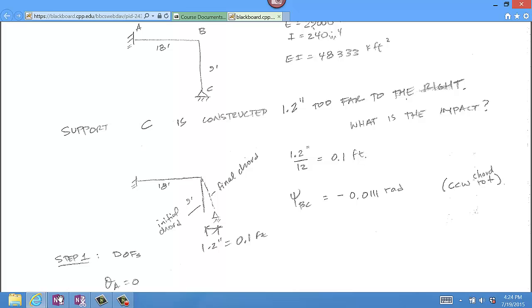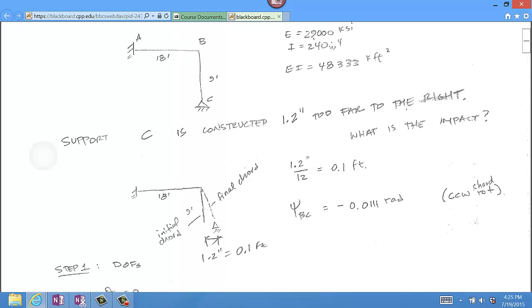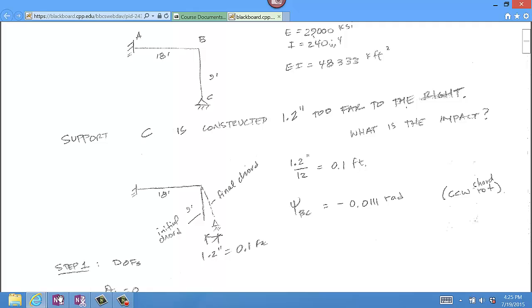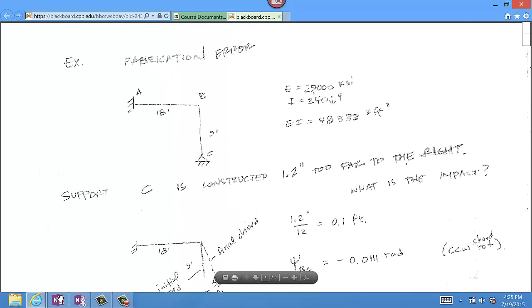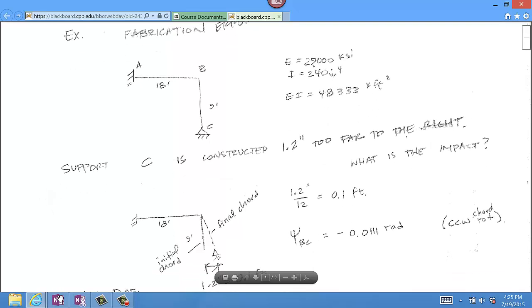In this particular problem, we're looking to see not only that, but also what other impact this fabrication error creates or has on the overall frame.